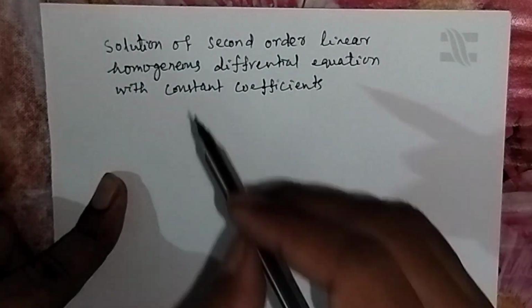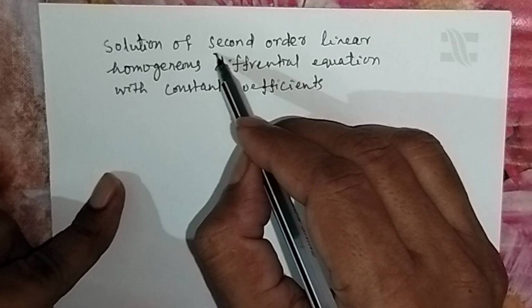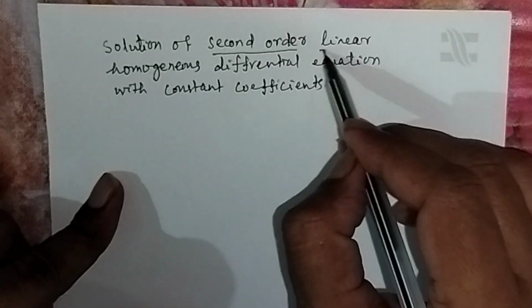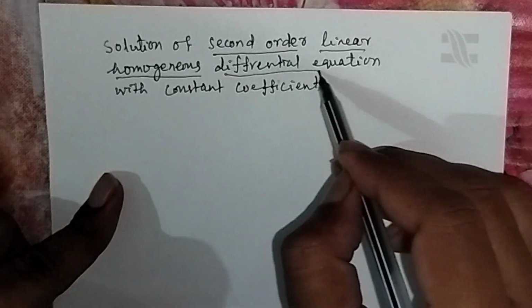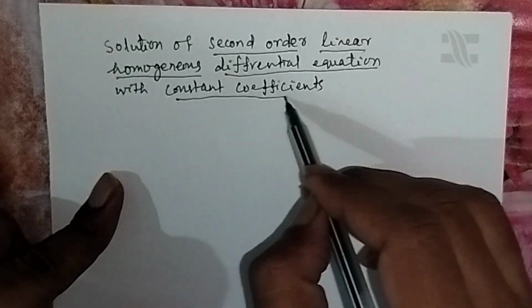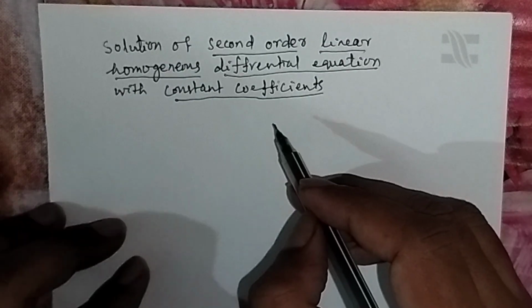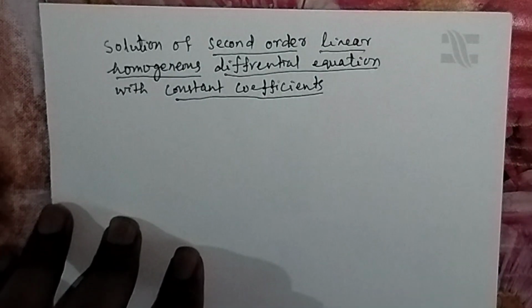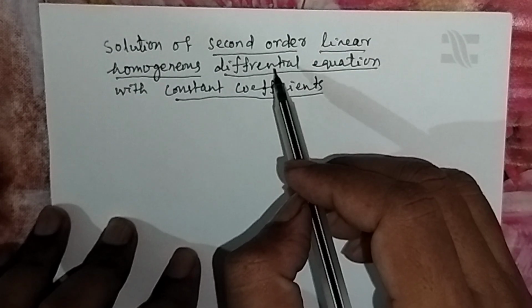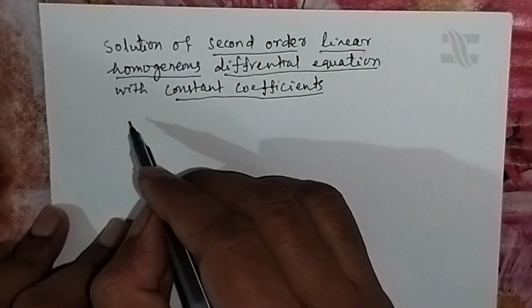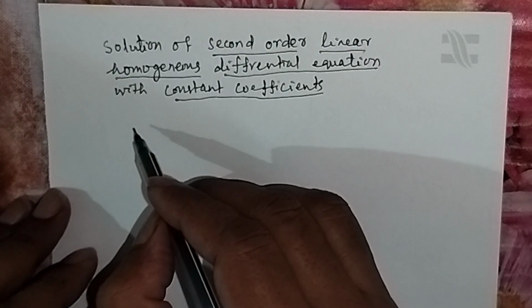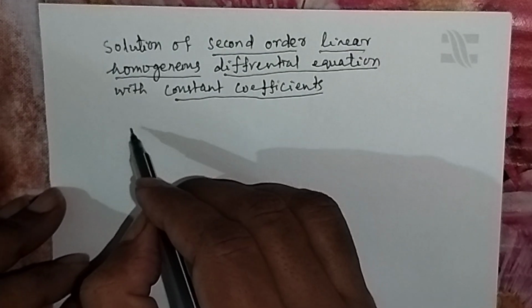So here we will discuss the solution of second order linear homogeneous differential equation with constant coefficients. In the previous video we have discussed second order linear homogeneous differential equation. What is a second order linear homogeneous differential equation?